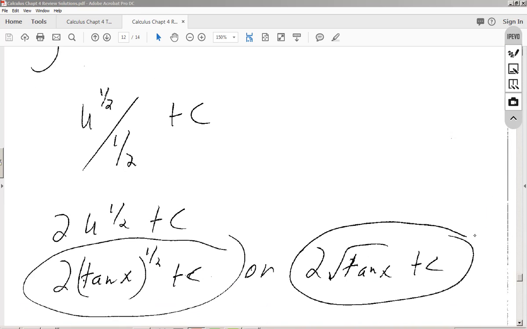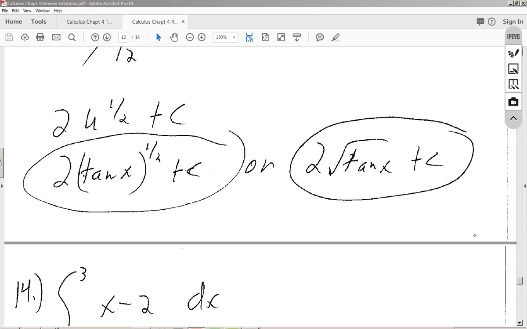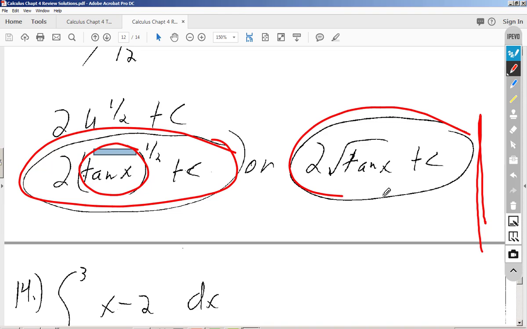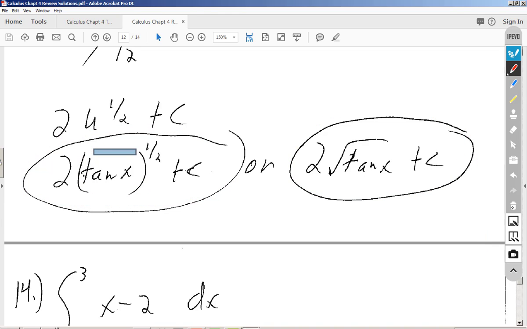So I'm going to scroll on up here. And I know that my u, I set that equal to the tangent of x. So since u is equal to tangent of x, substituting that back in, you still have your 2. You've got the tangent of x to the 1/2 plus c. Or you could rewrite that as 2 square root of tangent of x plus c.